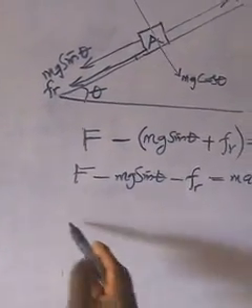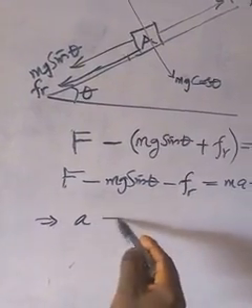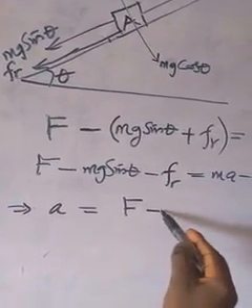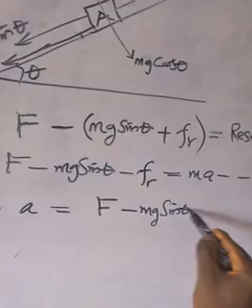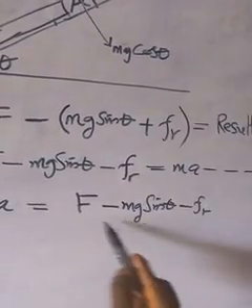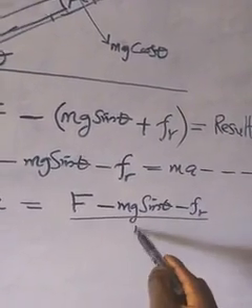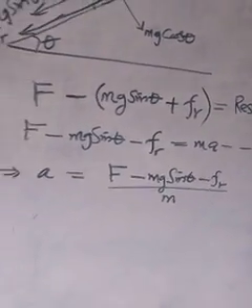Let's make the acceleration the subject of the formula. That will give us applied force minus mg sin theta minus frictional force, over the mass of the body.